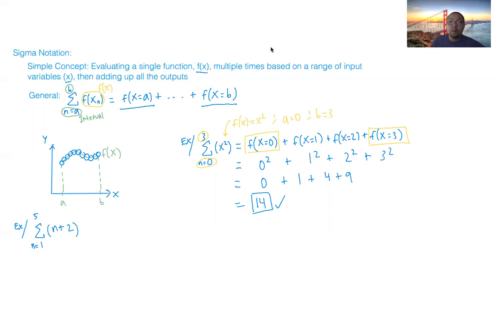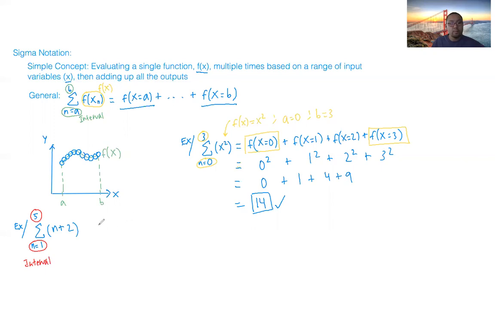Sweet. So let's see if our answers match, okay? So we said from above that the two numbers, the number under the sigma notation and the number over the sigma notation, tell us our interval over which we're going to evaluate this function.